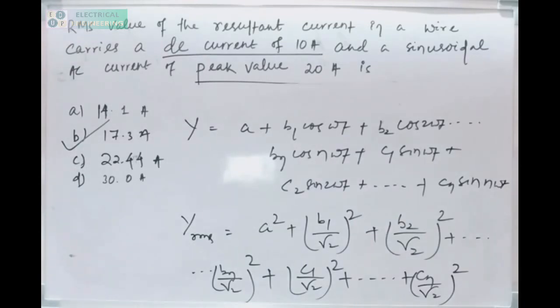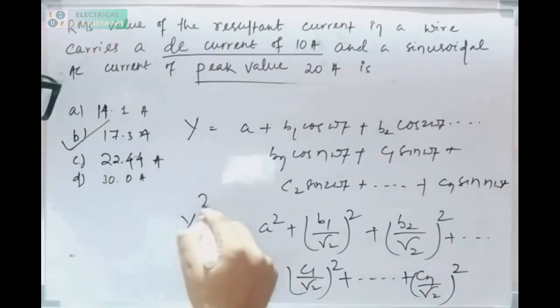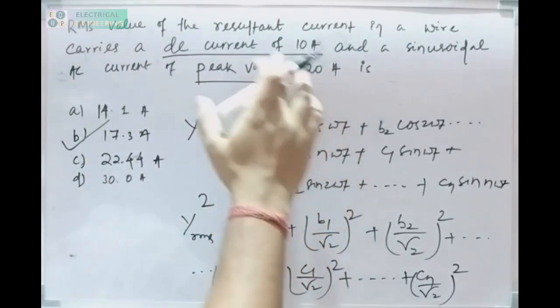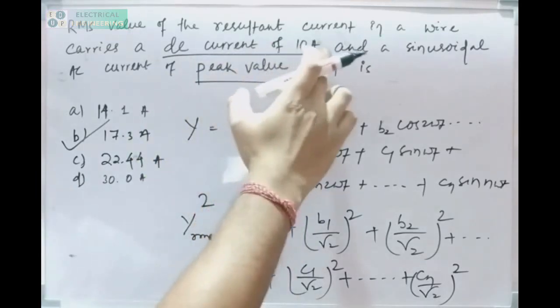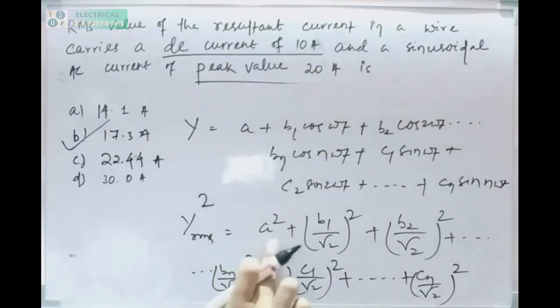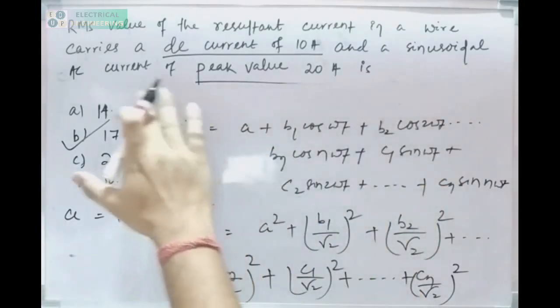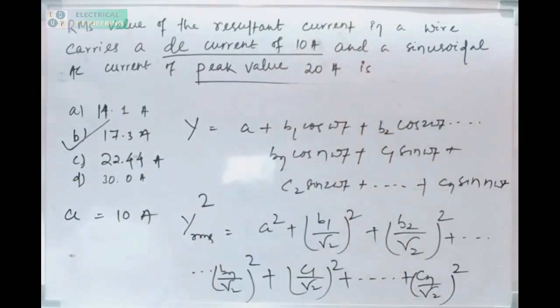So according to this formula, Y RMS square equals this much. I have taken the DC part of the current, that is 10 ampere, as A. So A equals 10 ampere, and the peak value is 20 ampere.